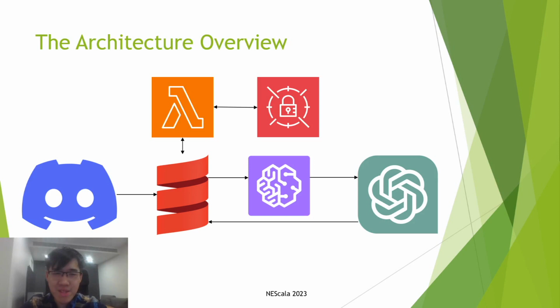So let's take a look at the architecture. It's not a very complicated architecture, in terms of complicated architectures. So we first have information that is fed into Scala from Discord.